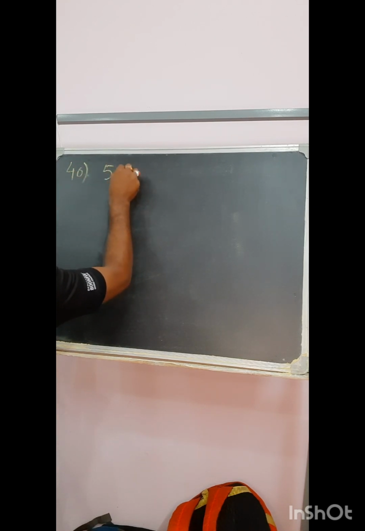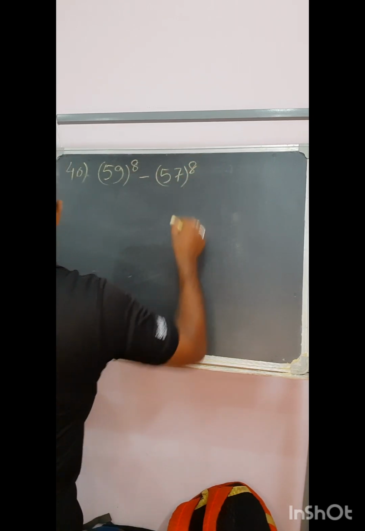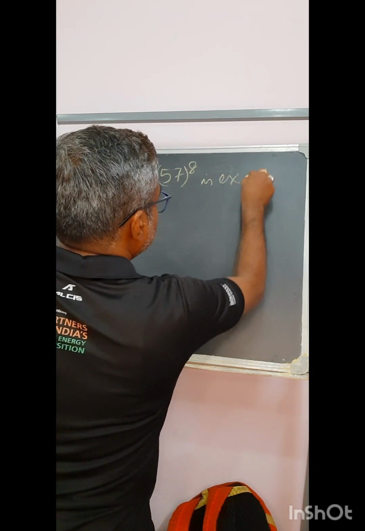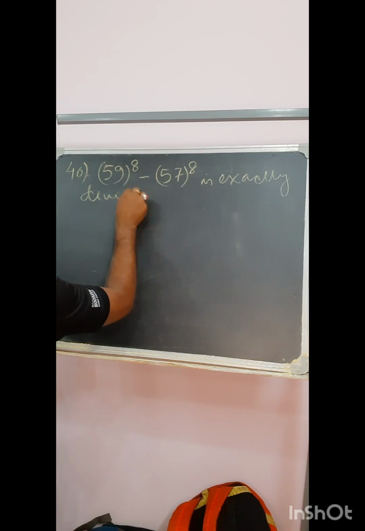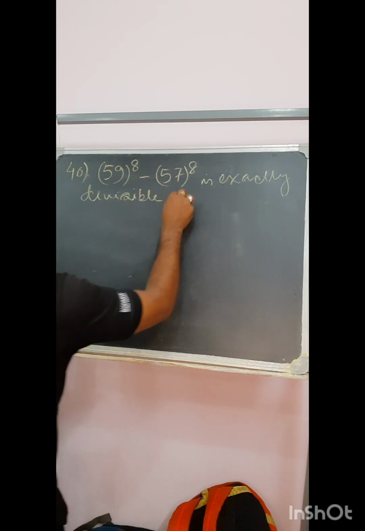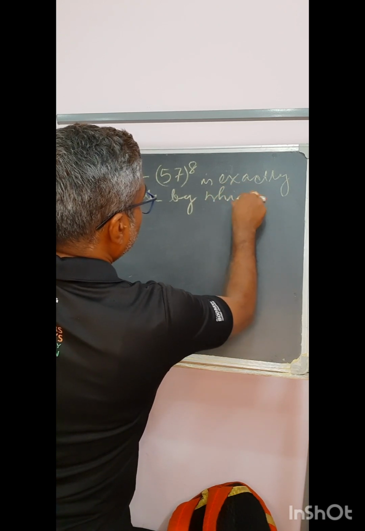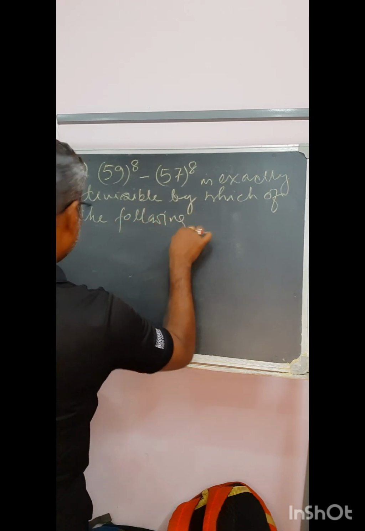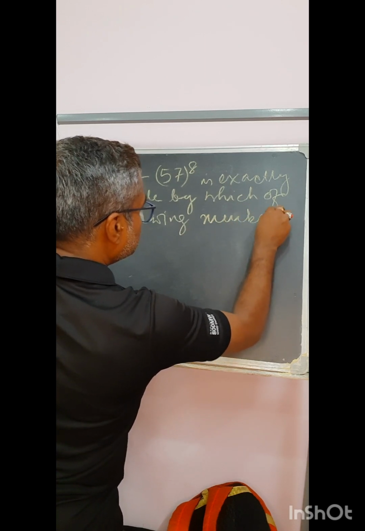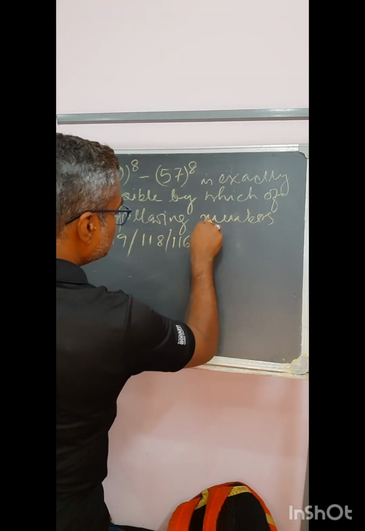It says 59 to the power 8 minus 57 to the power 8 is exactly divisible by which of the following numbers? The numbers given are 119, 118, 116 or 120.